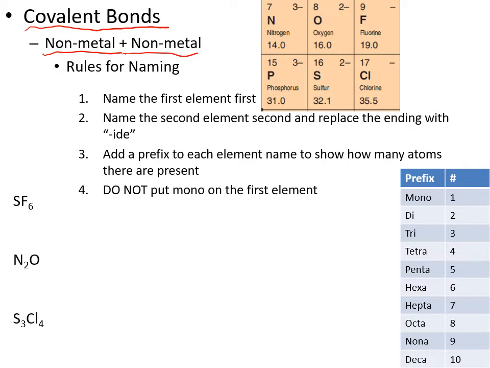Now, there are some rules about how to name covalent bonds, and I listed these 4 rules right here. The first one is name the first element first. Here we see our first example. I find where S is, and that's sulfur.